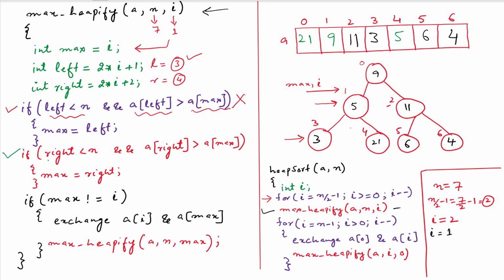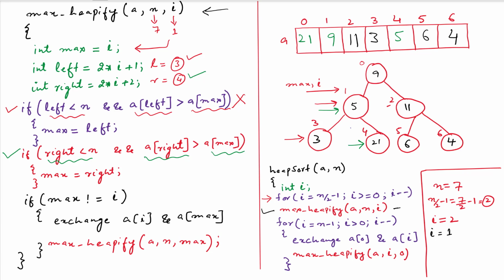We will check if right is less than n. Yes, right is 4, n is 7, so right is less than n, and a of right, a of 4, that is this element, if it is greater than max, yes, that's true, 21 is greater than a of max. Fine, so what we have to do is max is equal to right, which is having value 4.